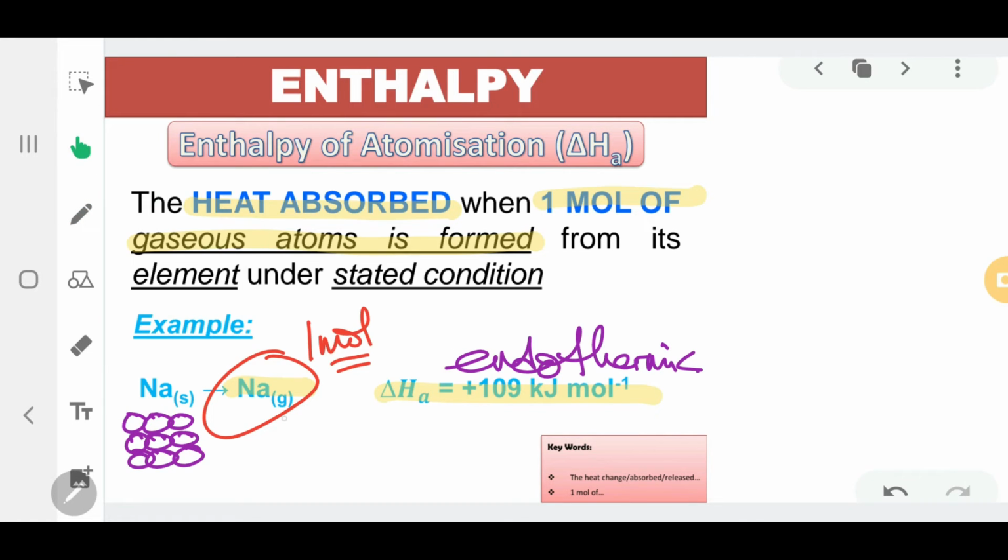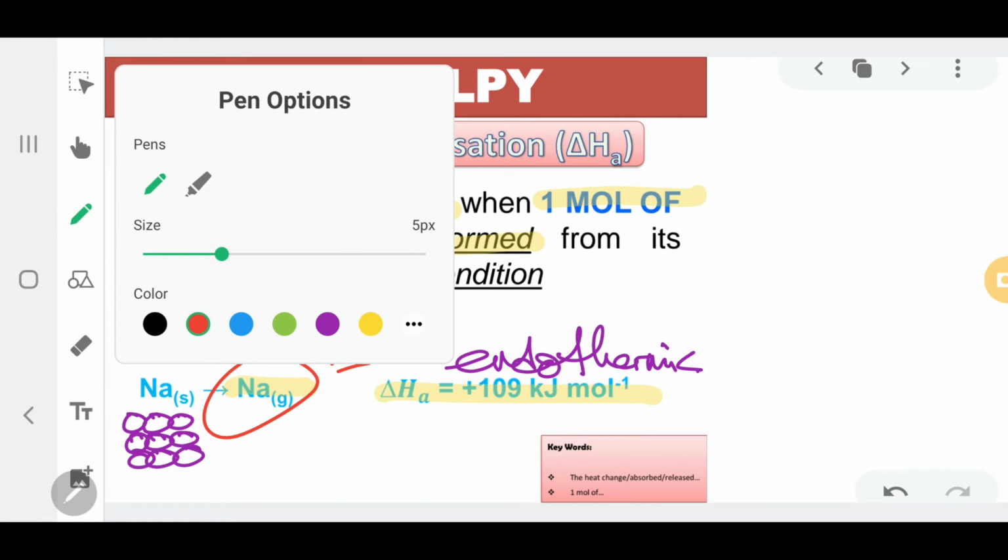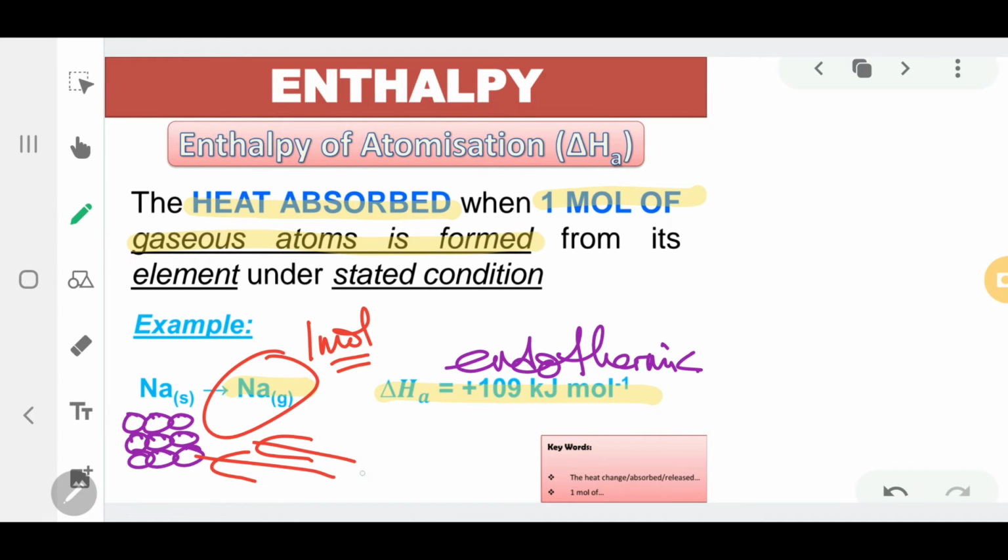They are very closely packed with one another, but if you give quite a lot of heat, then the metallic bond between the sodium metals over here will start to break, and all of the sodium will start to break off from one another and you're going to get your atoms.